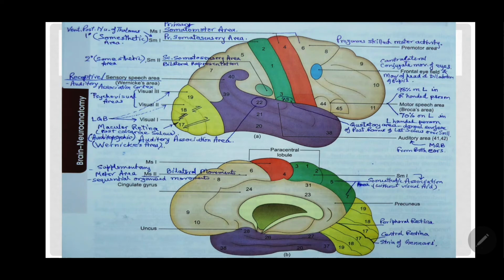So these are the third order neurons of the visual pathway which reach here. It's a band which reaches here, right?